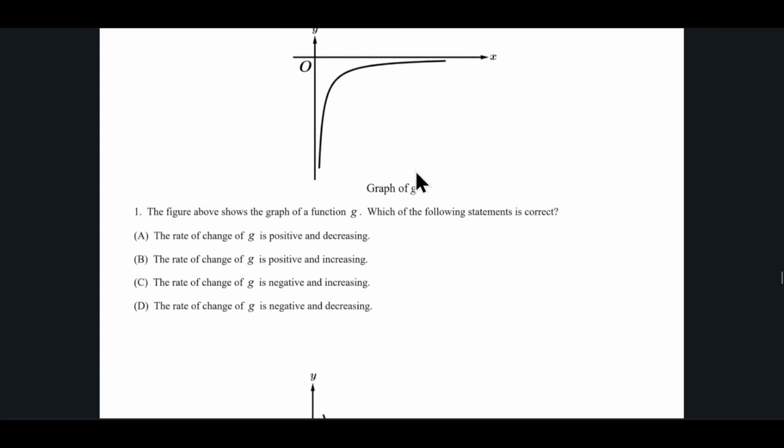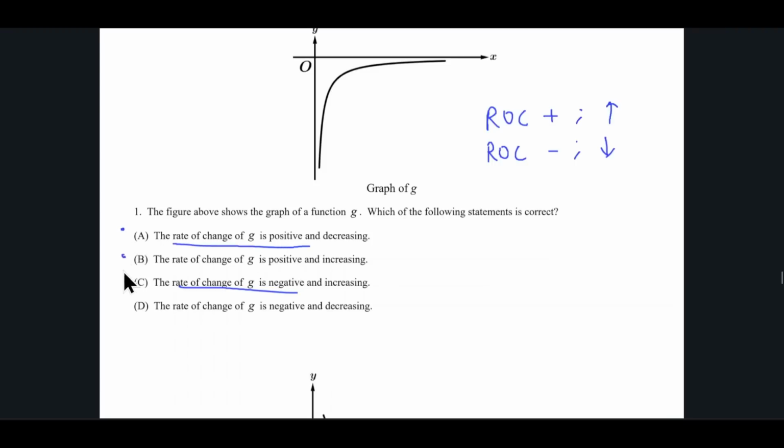Here the same question with different wording. ROC is positive or ROC is negative? Remember, ROC positive means function is increasing and ROC negative means the function is decreasing. So here clearly the function is increasing, which means that ROC is positive.